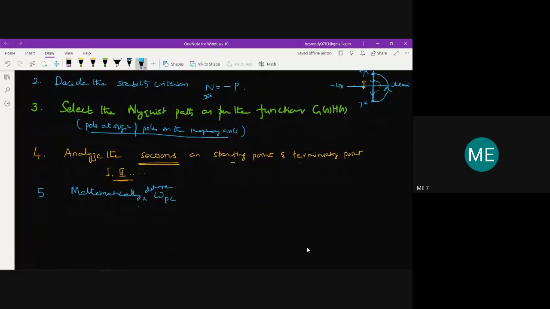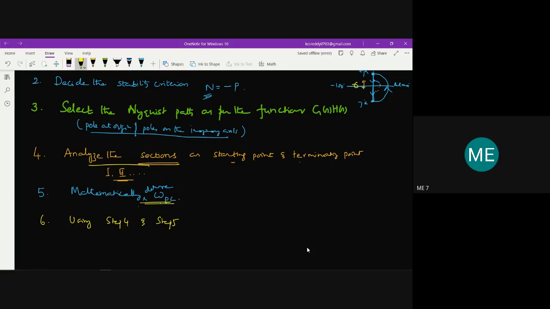Then the sixth one. Using step 4, that is sections, and step 5, that is the intersection point we need to find out here. Omega PC is nothing but where it exactly intersects the minus 180 degree line.